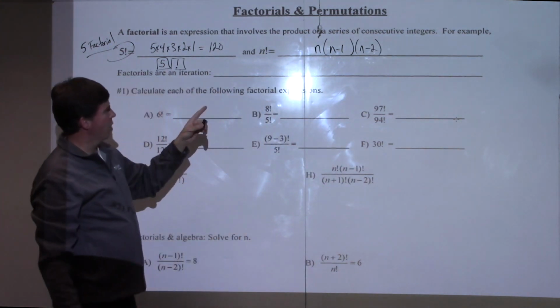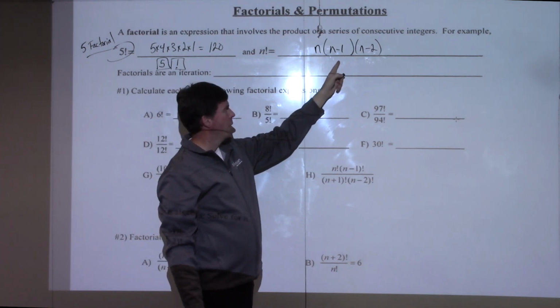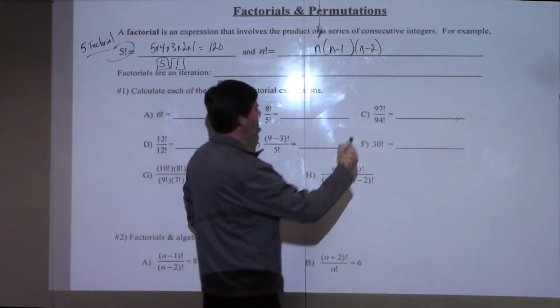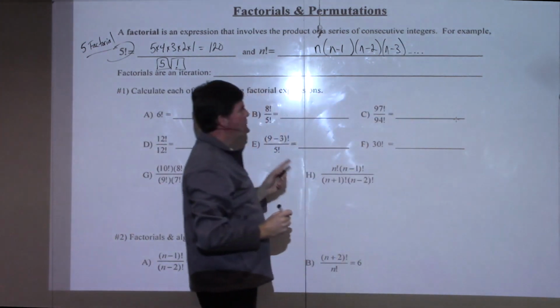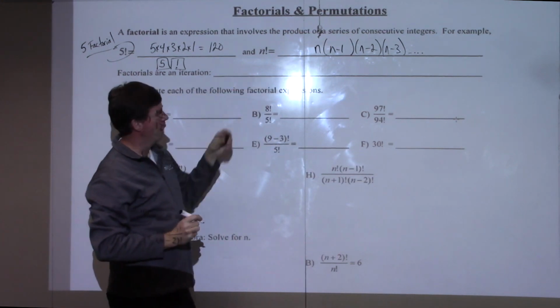And if the algebra frustrates you, just pick a number in your mind. This is 15. Now 15 minus 1 is 14. 15 minus 2 is 13, and I'll continue down. And if you get this pattern, it'll just continue. But it doesn't matter whether you start with a 5, a 20, or 100 factorial.